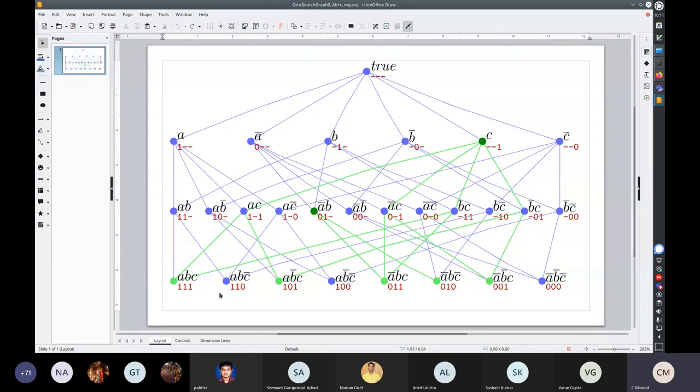So in this diagram, I hope you are able to relate this to a Boolean lattice. Is this a Boolean lattice? Yes or no? No. Why not? 0 is not present.